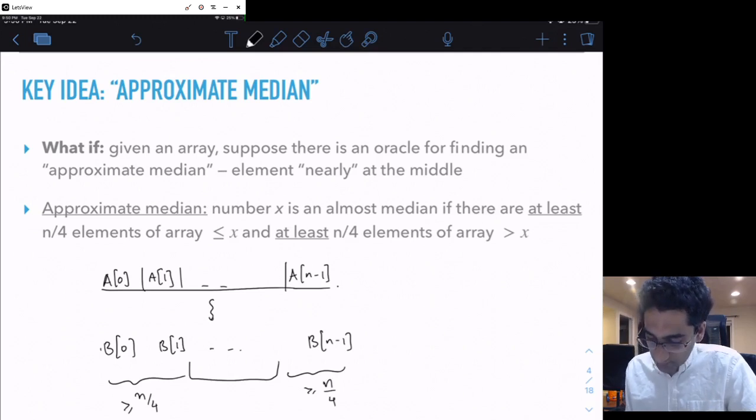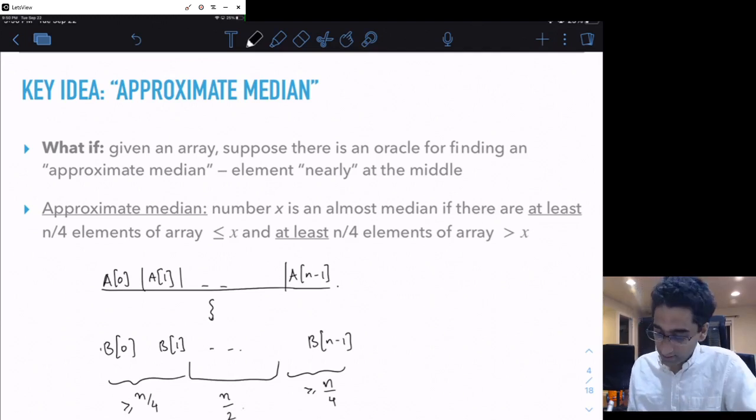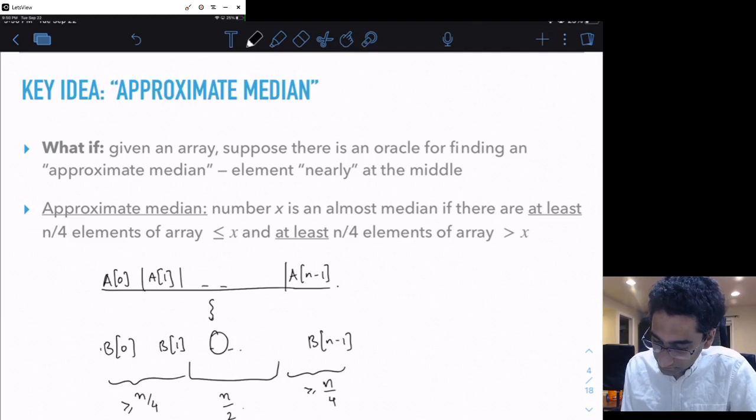Okay, so overall there are n numbers, so I'm looking at the middle n by 2 portion of the sorted array. Okay, now any number over here, I will call that an approximate median. Okay, so any of the numbers in the array, so okay, I also want x to be in the array.